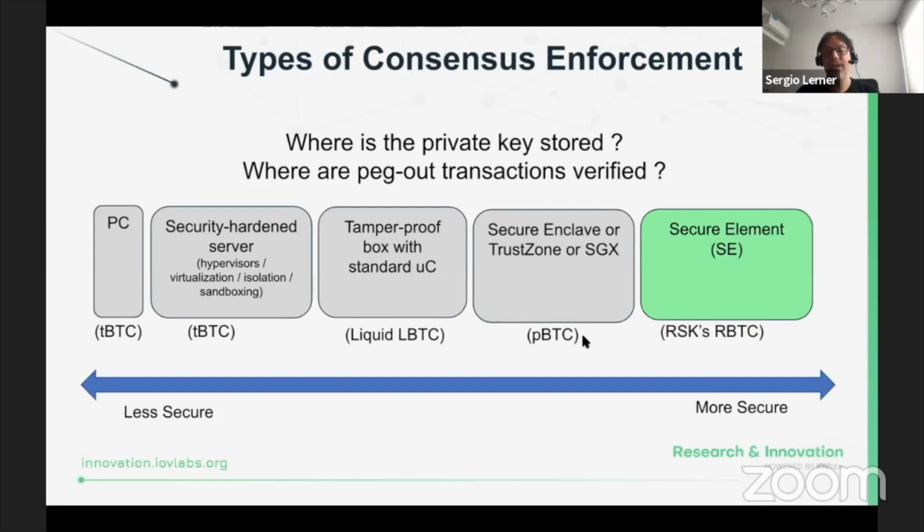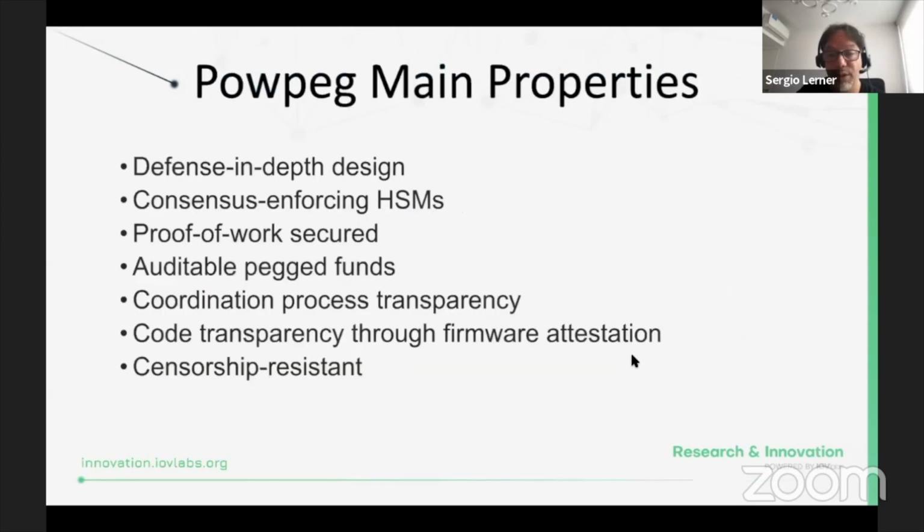So we are using the best possible technologies to secure the private keys, and the firmware is open source, and also these devices perform public attestation, so you can actually validate that each one of these devices is running the exact firmware that protects the private key. So to summarize about this PowPeg system, it has a defensive design.